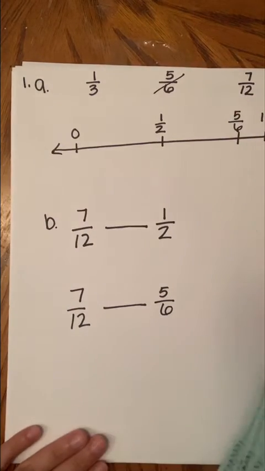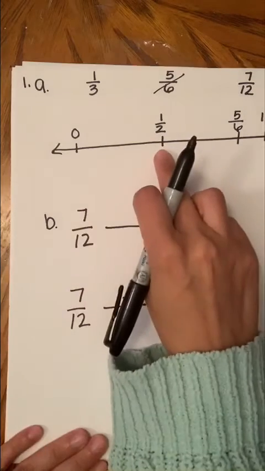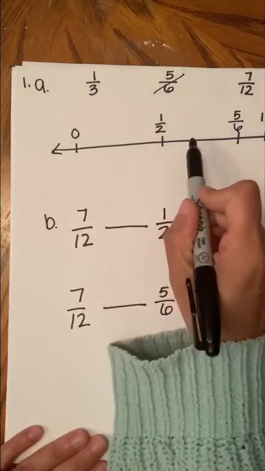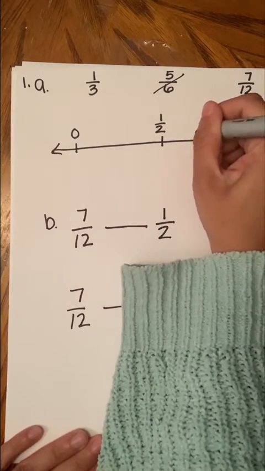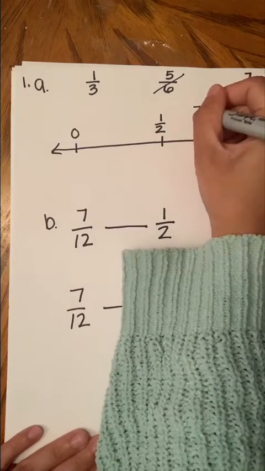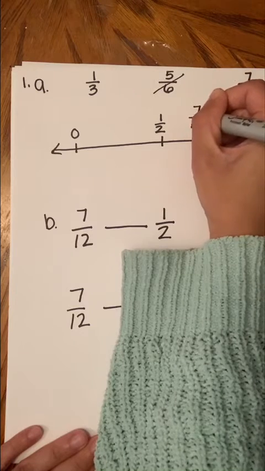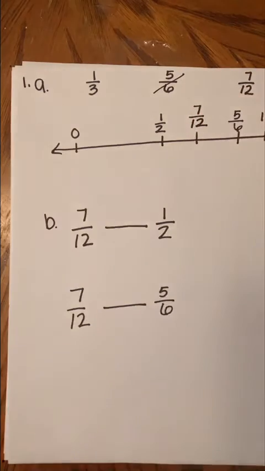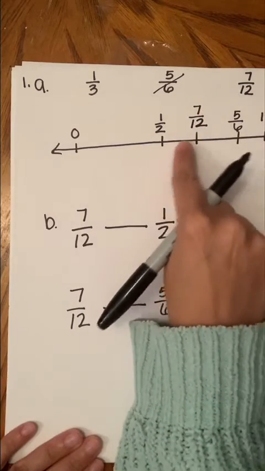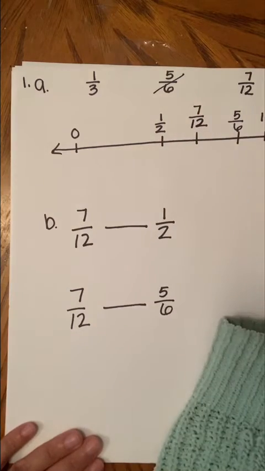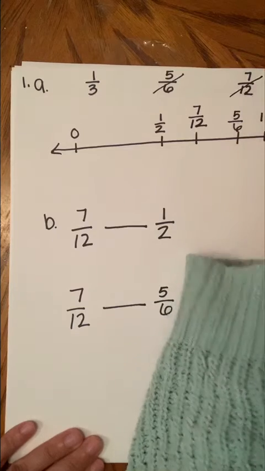So it must be larger than half. So I'll do 7/12 here because I know it's bigger than half. And I'll cross that out.